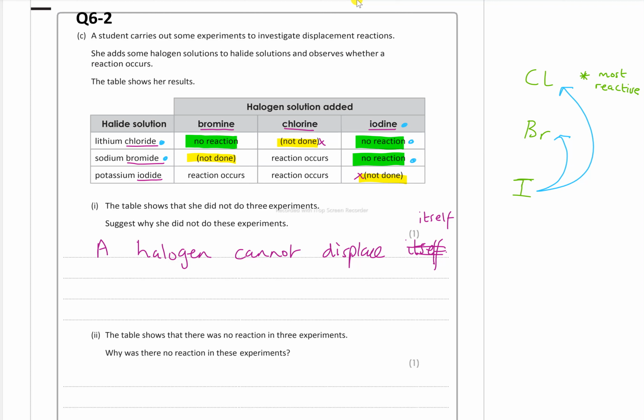And it will not react with itself. So there's no reactions taking place on any of these 3. Even if you tried one here, it wouldn't do it. And that one, chlorine cannot displace its own, and bromine cannot displace chlorine, so that won't happen.